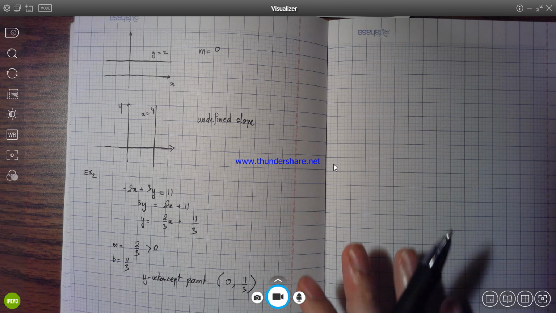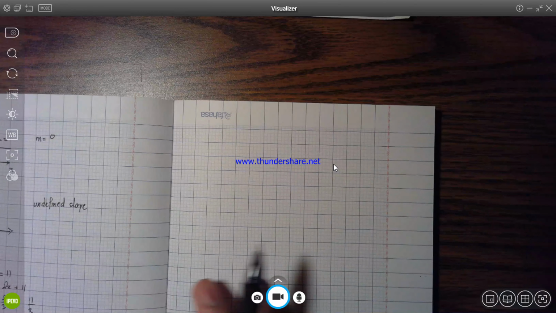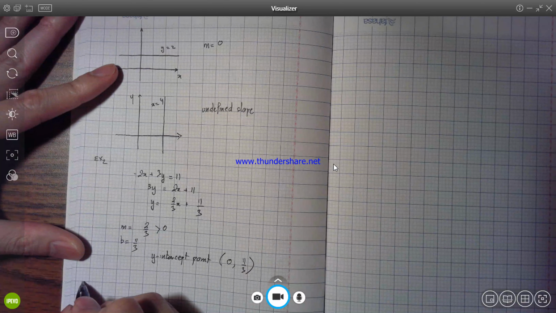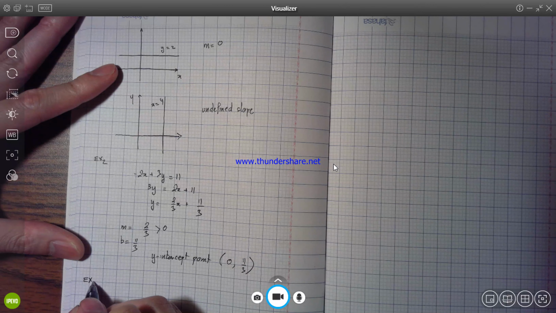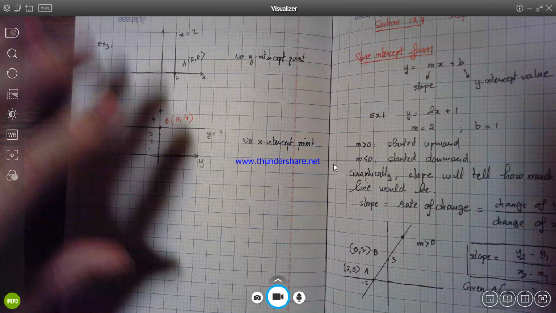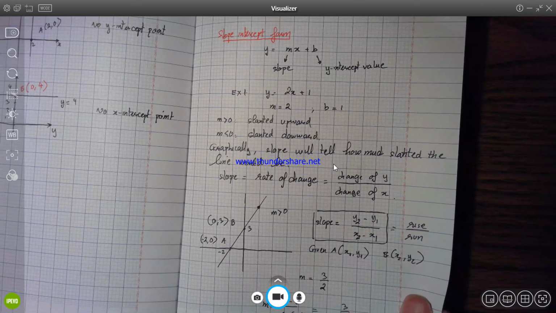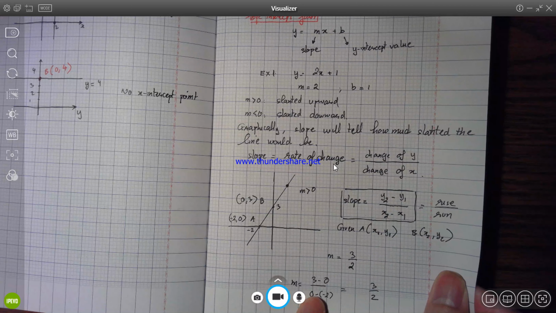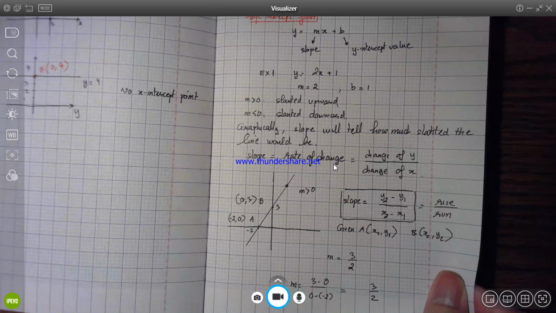Let me give you another example of how to find the slope given 2 points. Actually, I already showed you how to do it over here, but I'm going to give you another example.